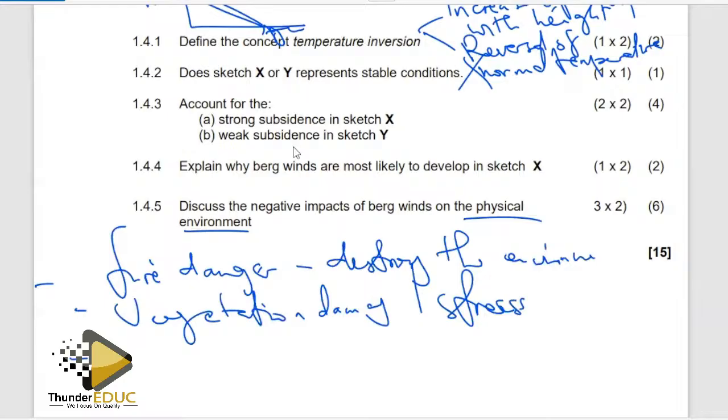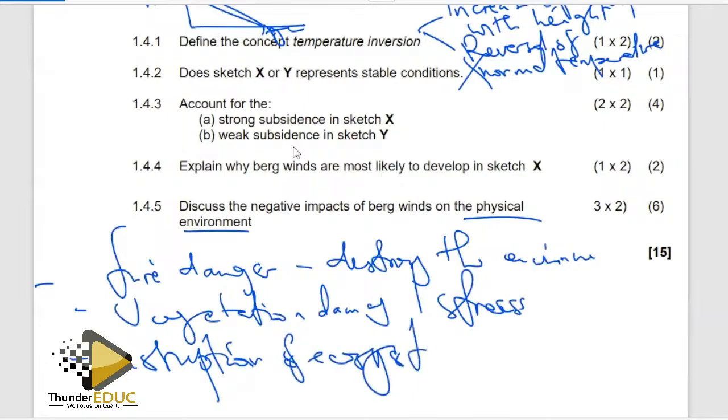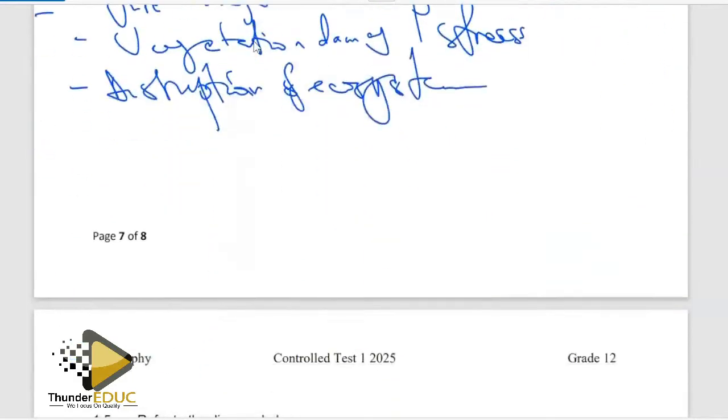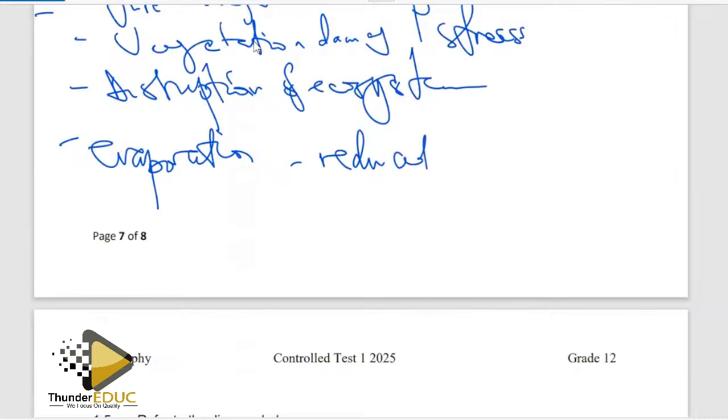Or you can talk of the disruption of the ecosystem. The balance in nature is going to be disturbed because of the excessive heat created by the Berg winds. Or you can talk of increased evaporation rates. How do they affect the physical environment? They cause reduced soil moisture content.